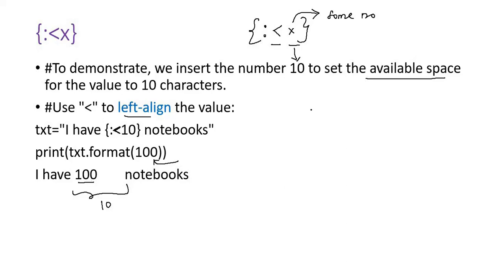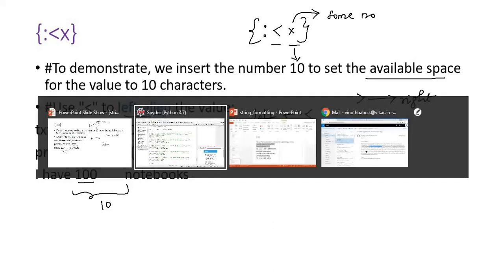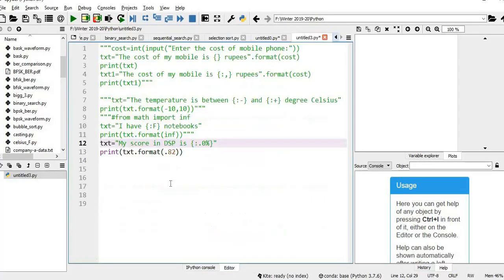You can easily remember: this arrow kind of thing represents left, and if I use it like this, it represents right. Left align, right align, and if I use cap, this is center align.